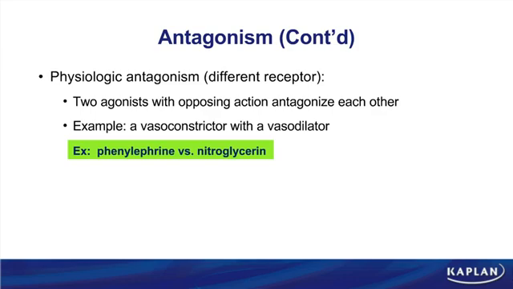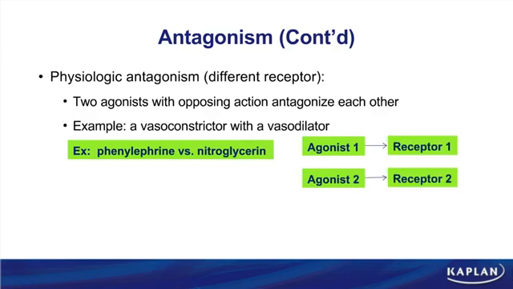Those two actions, even though they're mediated by different receptors and different pathways, those two actions oppose each other. So let's draw a diagram. So agonist 1 stimulates its own receptor. Agonist 2 stimulates its own receptor, and those two receptors oppose each other. And that's what we call physiologic antagonism.